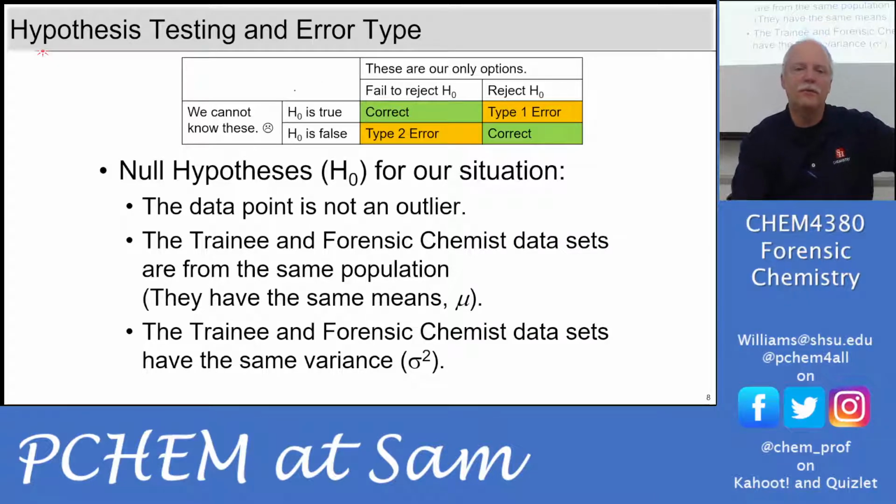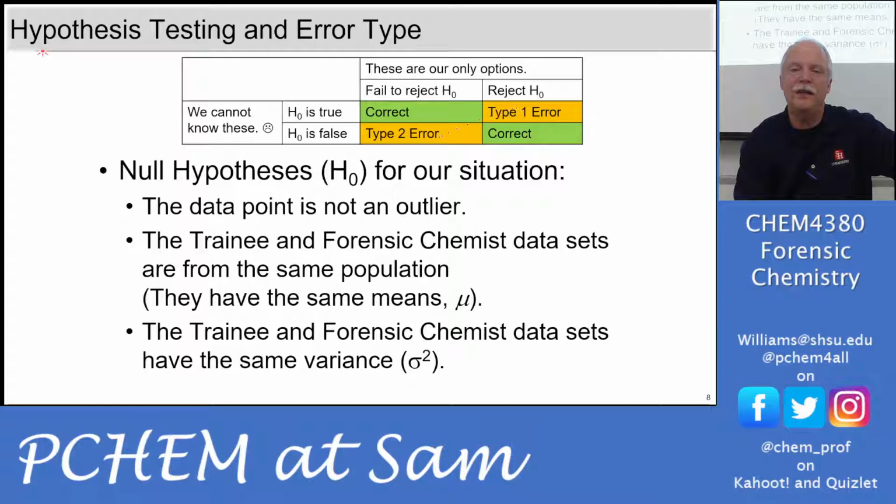If that is the true situation and you fail to reject the null hypothesis, then you got the correct answer. If it's not the true situation, meaning there really is a difference between the two analysts, and you reject the null hypothesis, you got the right answer.